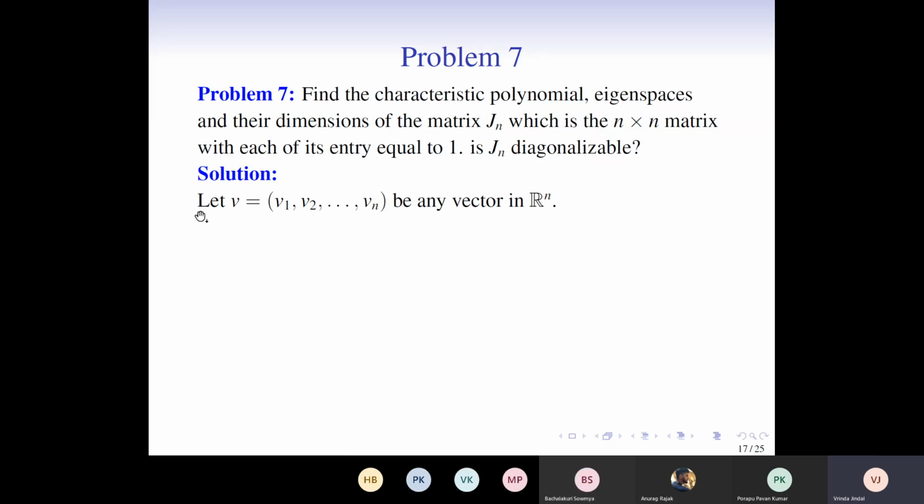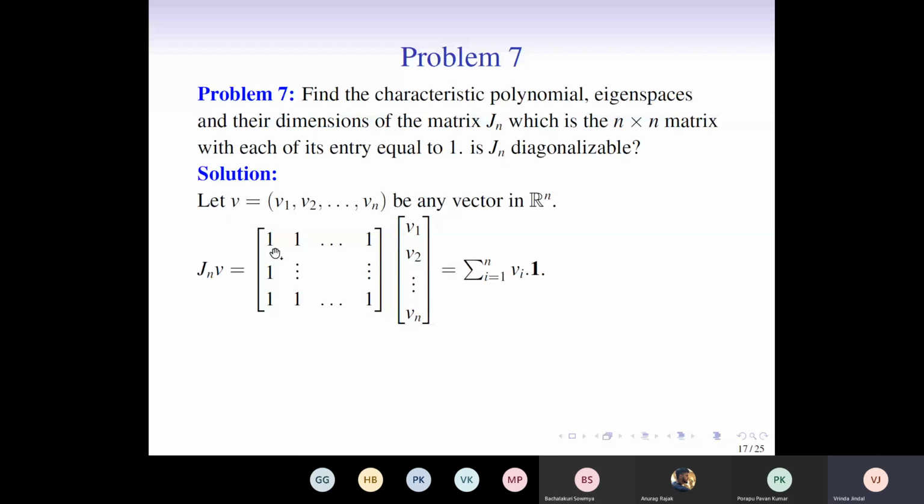Let's understand what J is doing. Take any vector v in R^n, so it will be v1, v2, up to vn. Apply J to v. This is a matrix of all ones multiplied by v1, v2, up to vn. J_n is n cross n, applied to n cross 1, so we get an n cross 1 vector.